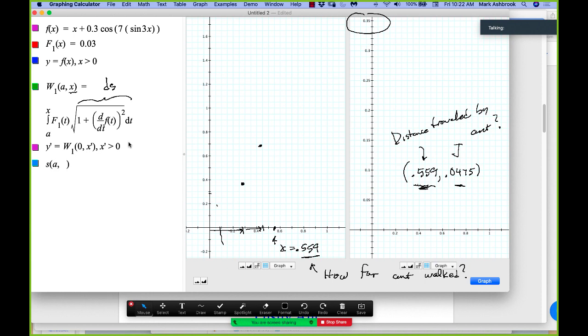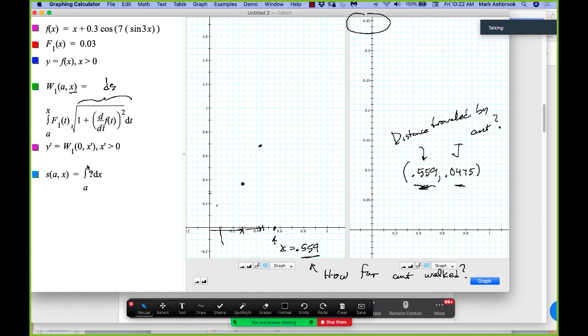Does x equal the horizontal distance traveled by the ant? Yep, it's the horizontal position of the ant. So now I want to know how far the ant has gone. I want the arc length function, which is the integral from, of what?